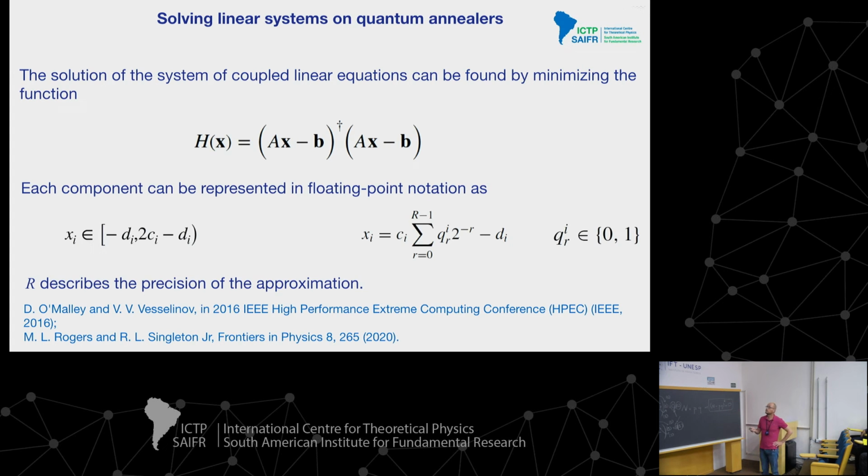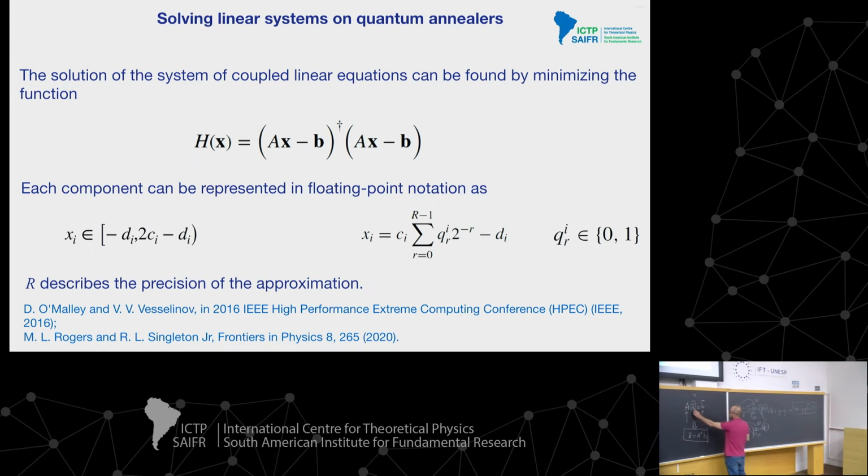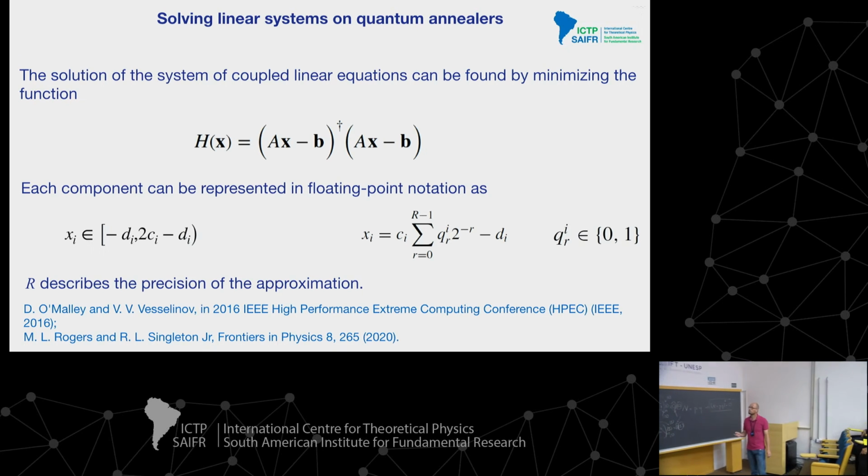We have a quadratic function whose ground state has eigenvalue 0, right? And our task now is to find the values x_i, the coefficients of this state, these components x_i, and we will expand each component using floating point notation in this way.